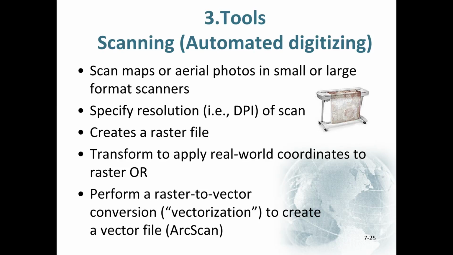The same way is here, that we can use a machine to scan maps. A photo image is raster data. Once you have the raster, you scan it and convert it to vector data. We also call this vectorization: you apply real-world coordinates to the raster data, create the raster file first, and then convert it in your software from raster to vector data.